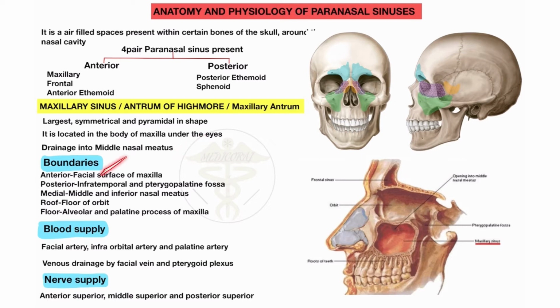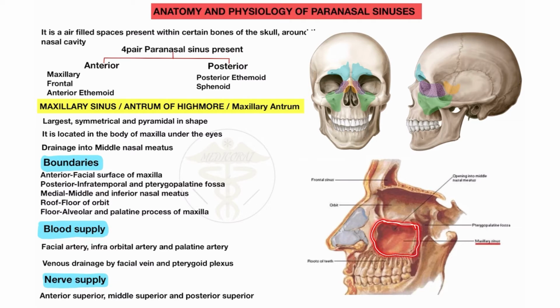Boundaries of the maxillary sinus. There are different boundaries. First, the anterior boundary. The anterior boundary is formed by the facial surface of the maxilla. Here you will see the facial surface. Posterior boundary: the posterior boundary is formed by the infratemporal fossa and the pterygopalatine fossa.